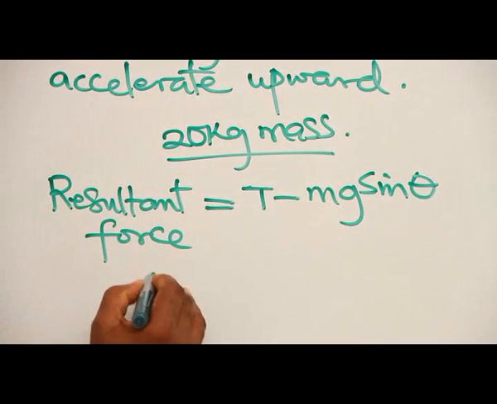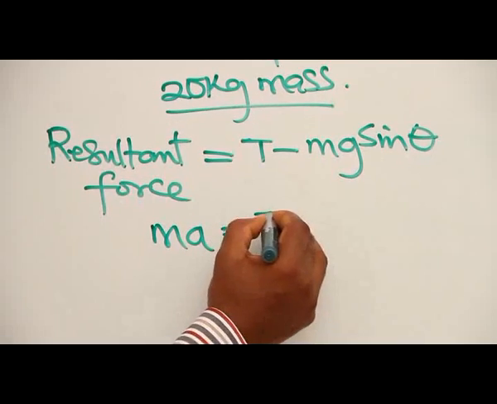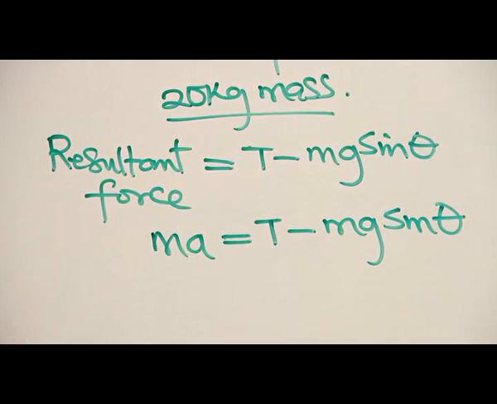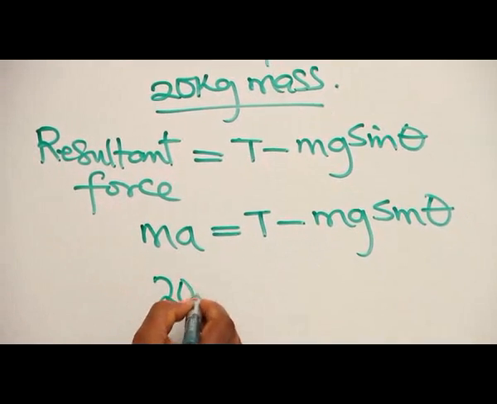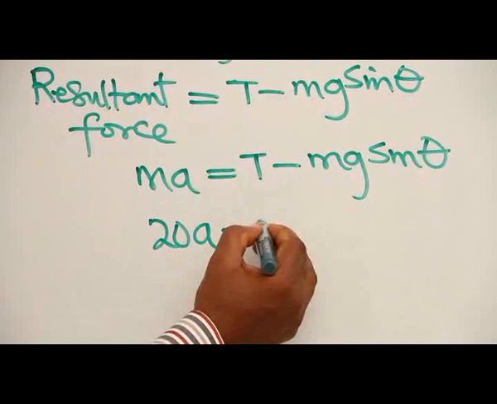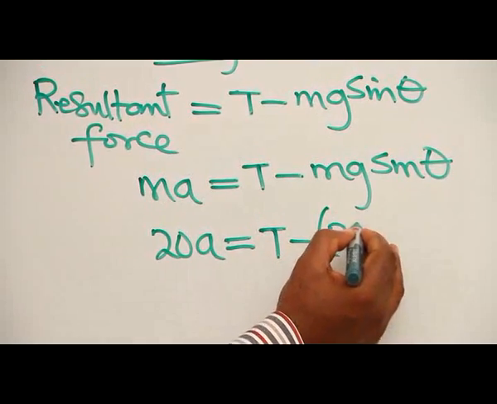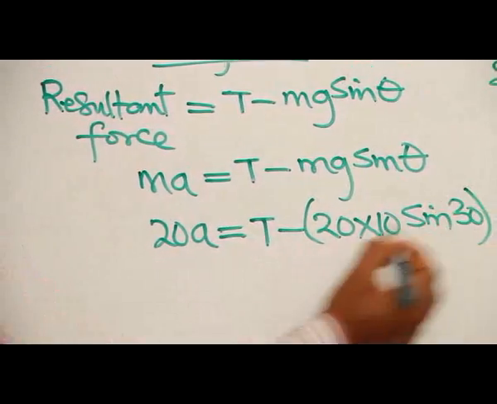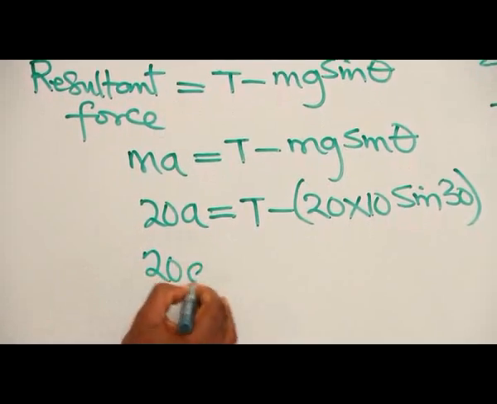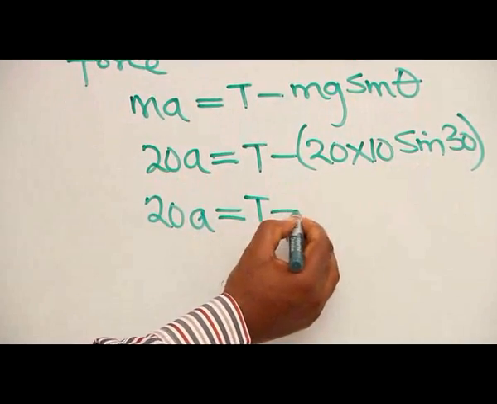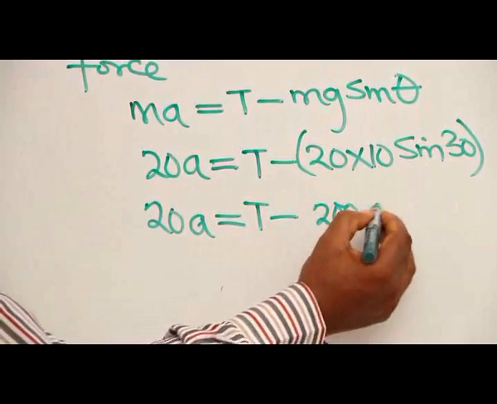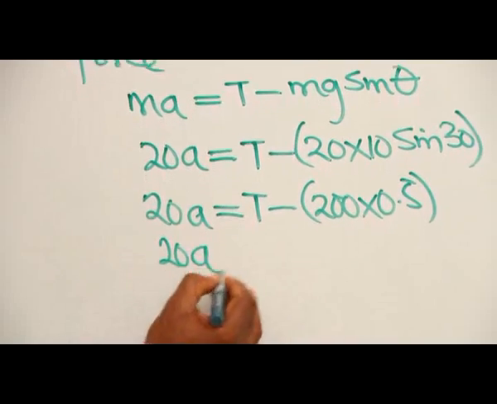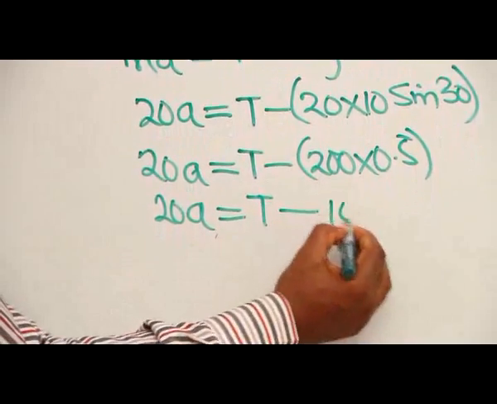And the resultant force is ma, tension minus mg sine theta. We fix the values. We have 20 times a is equal to tension minus 20 times 10 sine 30. 20a is tension minus 200 times 0.5. 20a equals tension minus 100.